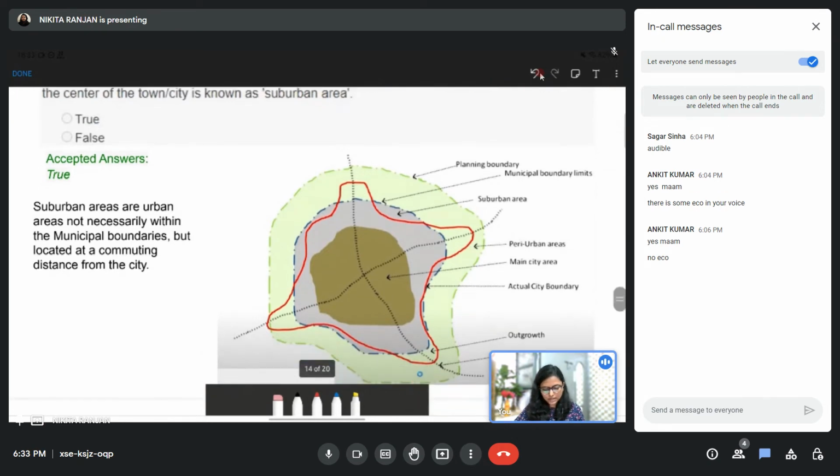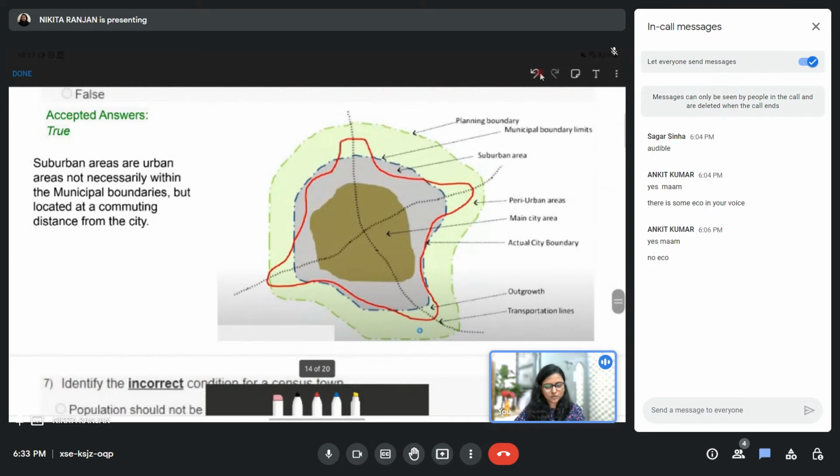So this is a diagram which you might have come across in your lectures. You can see this is a suburban area which has been marked in this diagram, and you can see this blue line is the municipal boundary limits, and the suburban area which is marked in this diagram lies within the municipal boundaries.